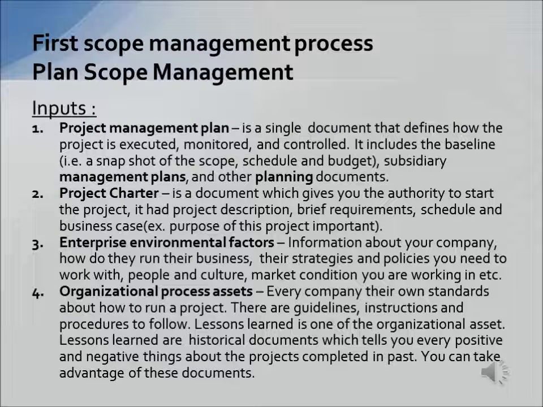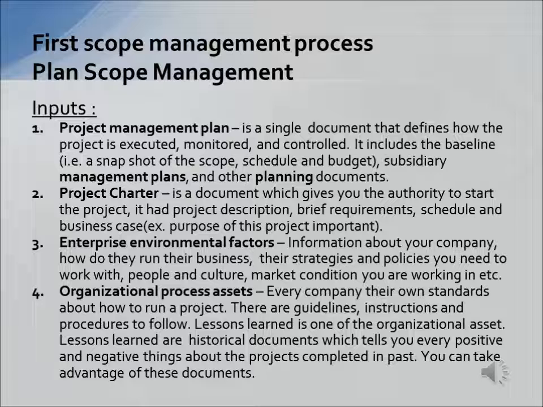Every project management process is like a machine which takes the input, processes it with the useful tools and techniques, and creates the output. Now let's take a look at the inputs for plan scope management. The first one is project management plan.